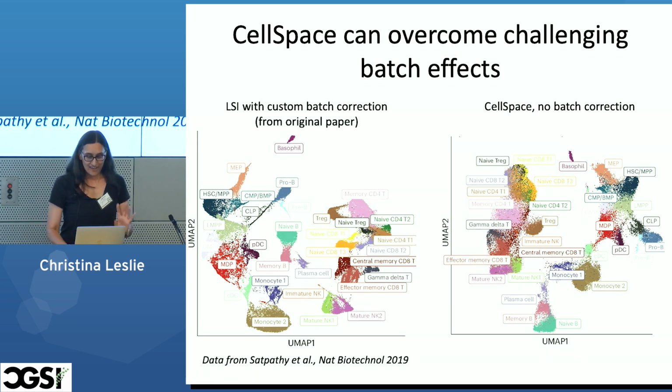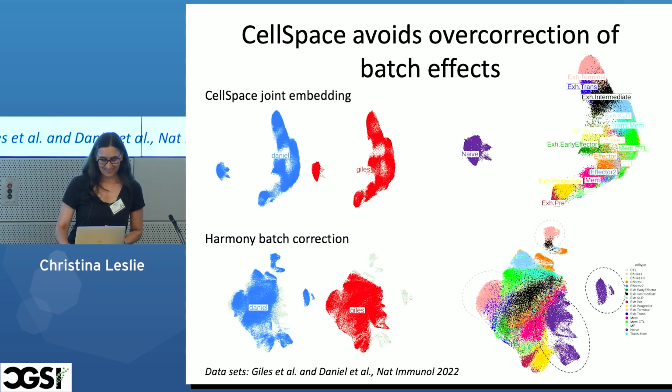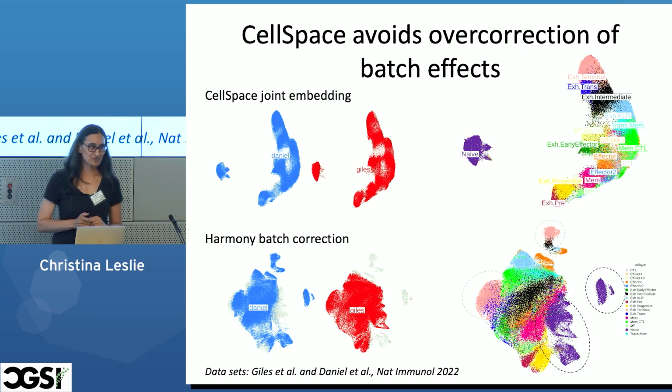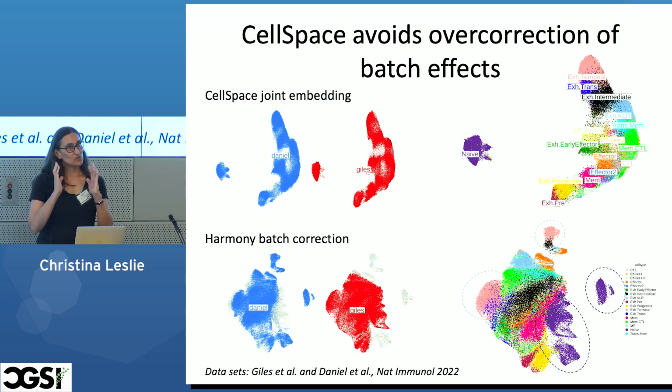Okay, final slide on this, and also a cautionary tale about batch correction. So, these batch mitigation properties of CellSpace, I think, are important because batch correction can fail, and you don't know if it's failed unless you already know the answer.